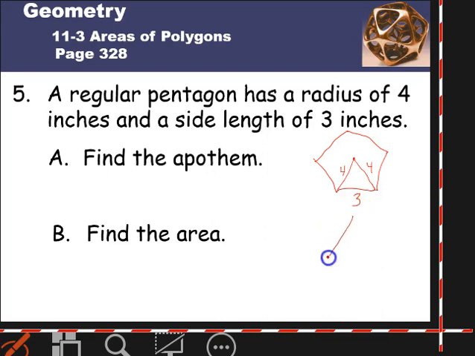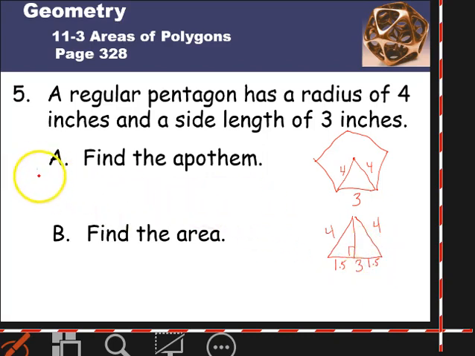So I have this triangle happening here. These are both 4, and this is 3. But if I cut this in half, then each of these are 1.5.